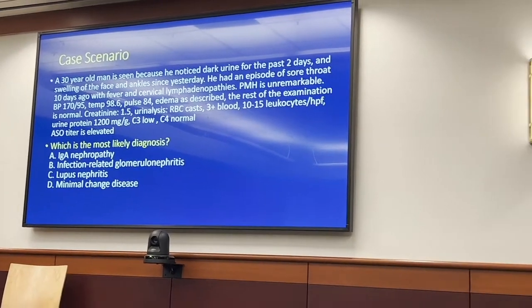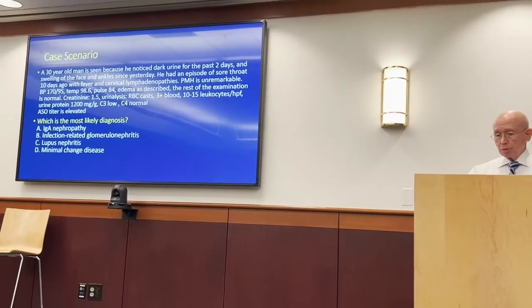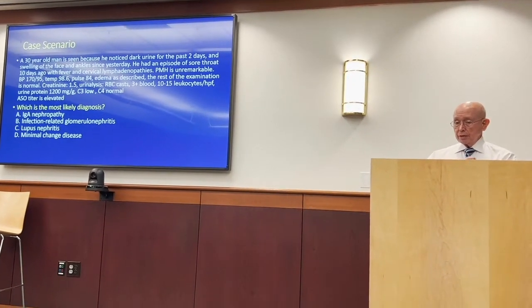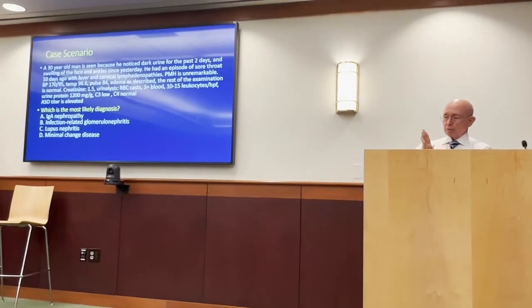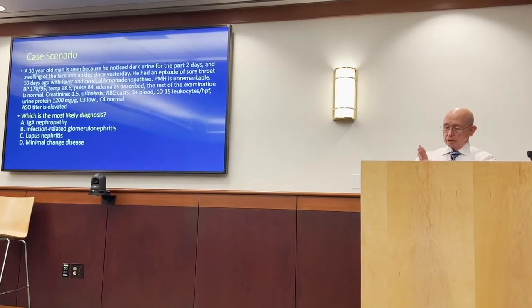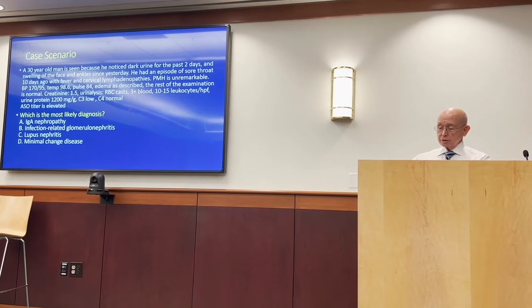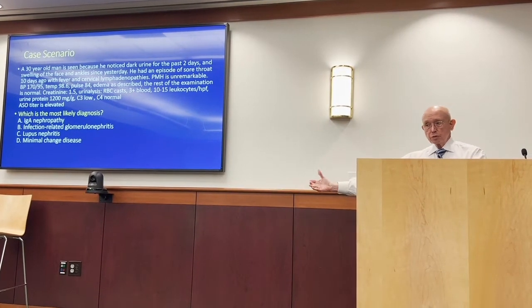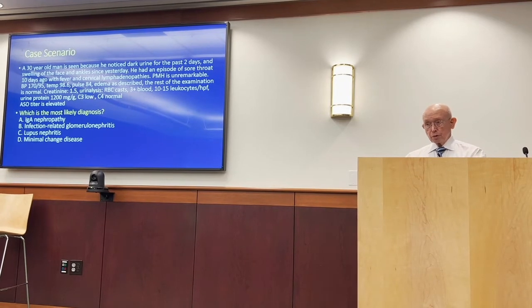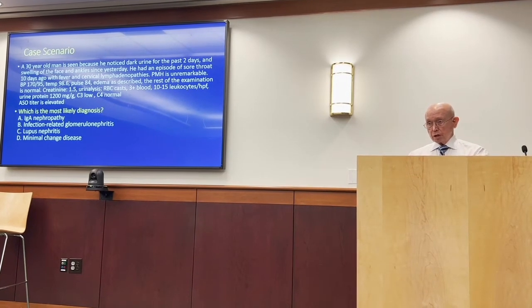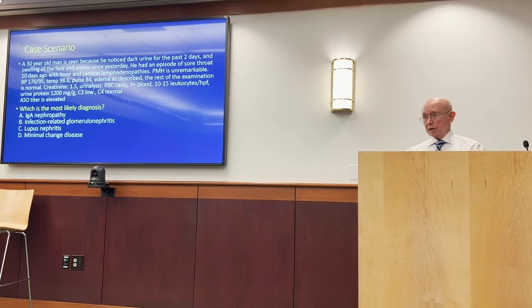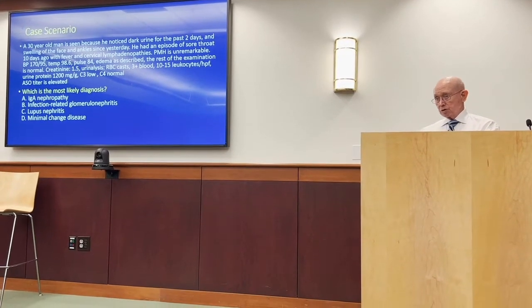The other thing that is very important to remember in the post-streptococcal is that the problem happens, let's say today, the patient has the sore throat. Then you have a period of time to develop the immune complexes. It's going to take 10, 12 days or even more. So that sequence is very important, because there are others, like for example IgA nephropathy, that is called synpharyngitic.